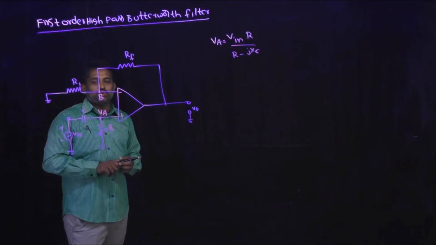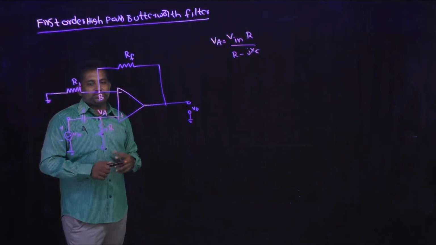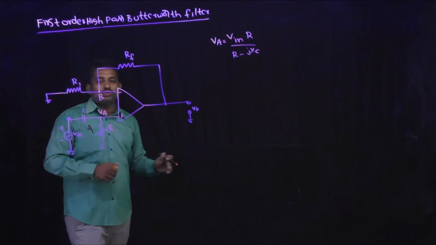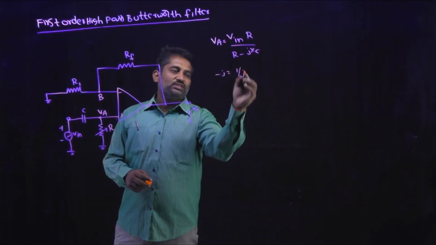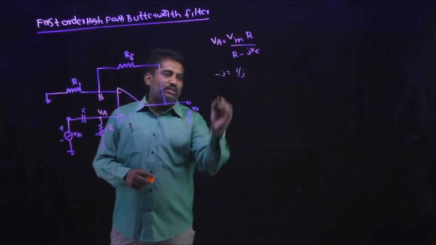XC is equal to 1 by 2 pi F into C, and minus j is equal to 1 by j. Same thing I explained for the first order low pass Butterworth filter also.